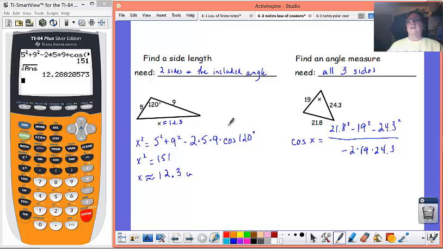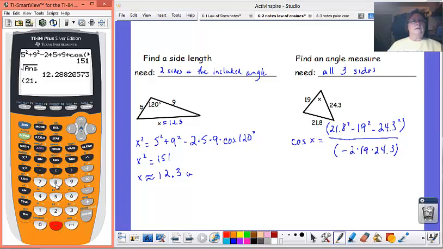Again, this is something that can be entered into your calculator just the way it looks. What I would caution you about is that you need to divide everything on the top by everything on the bottom. So if you're entering it in all at once, you need the parentheses. 21.8 squared minus 19 squared minus 24.3 squared, close, all divided by negative 2 times 19 times 24.3.